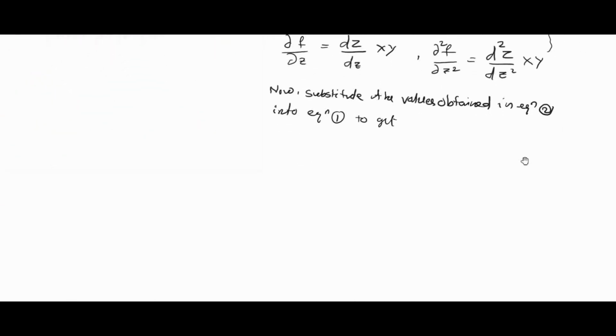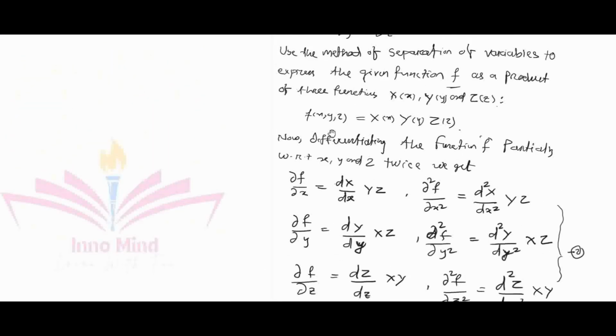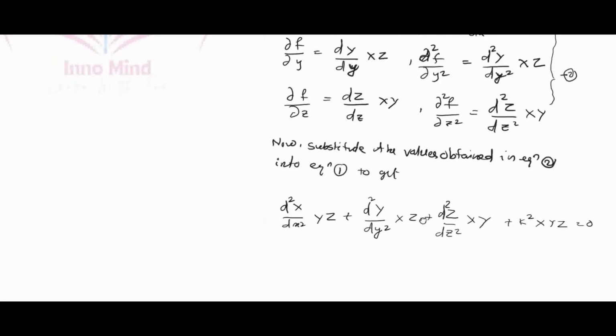So that is equal to d square X by dx square Y Z plus d square Y by dy square X Z plus d square Z by dz square X Y plus k square X Y Z is equal to 0, where f was already represented as a product of X, Y and Z, f(x, y, z) is equal to X Y Z. So finally we got this one.